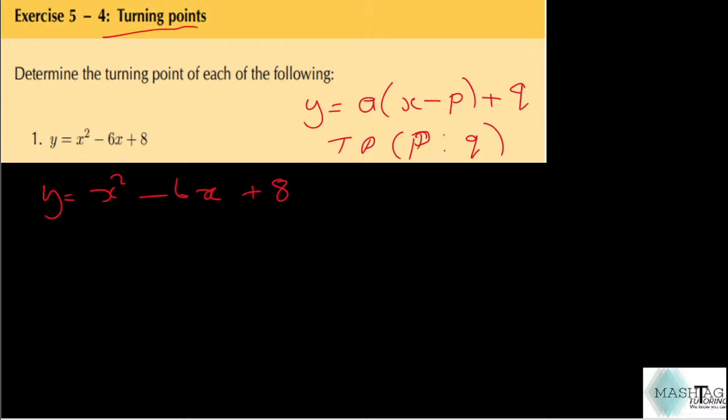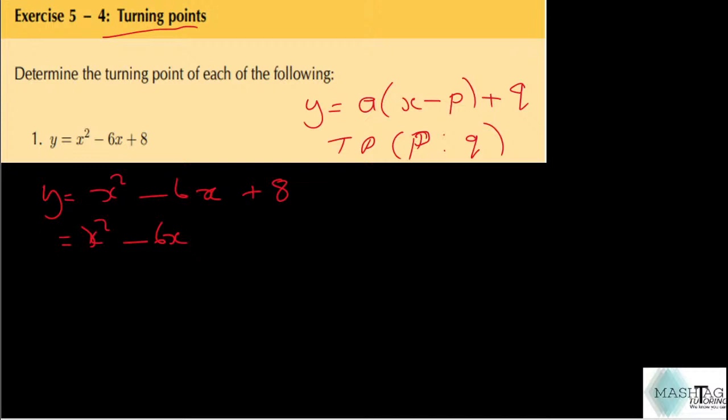To change this to that format, put x squared as is, minus 6x as is, and then you add half of 6, squared, and then subtract half of 6 squared.